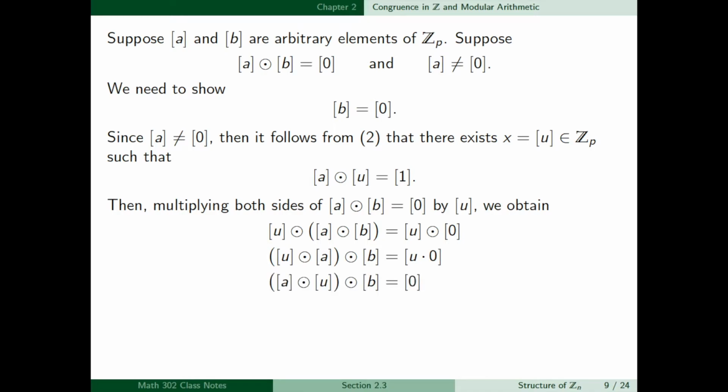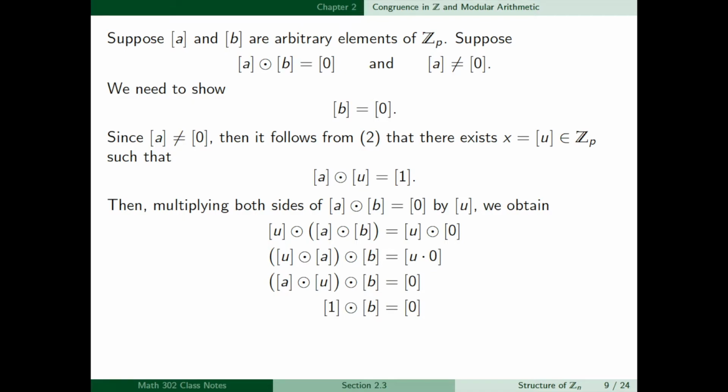Okay, now multiplication in Z sub P is also commutative, so on the left side, the product U times A is the same as the product A times U. And on the right side, we can replace the U times 0 with just 0, so we obtain the class of 0. Now on the left-hand side, A times U, the quantity in parentheses, is equal to the class of 1.